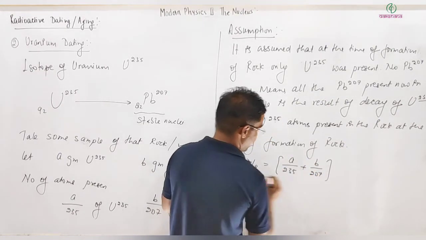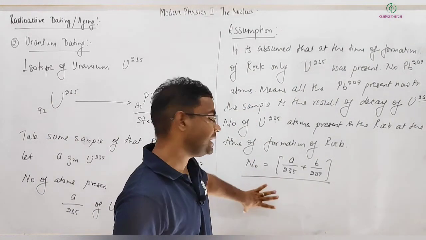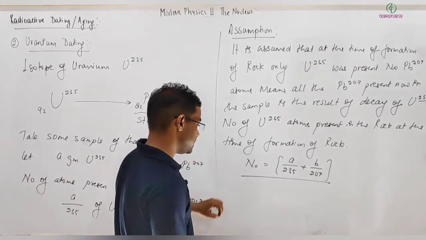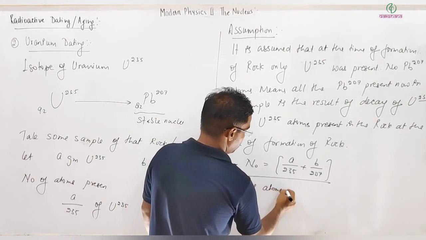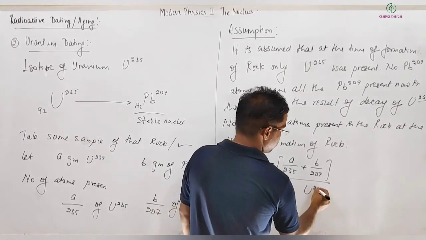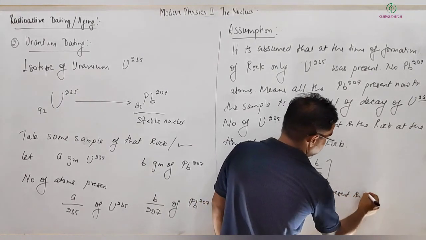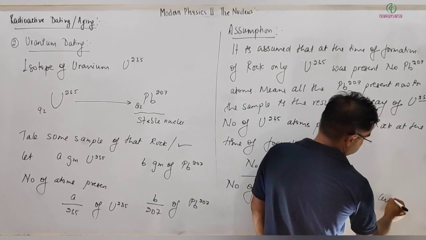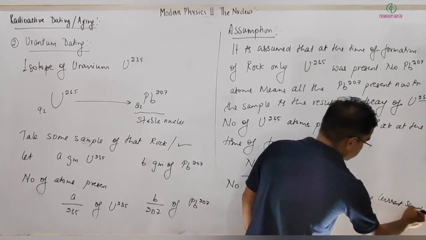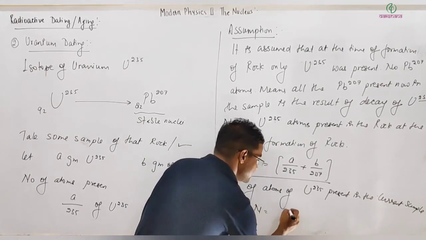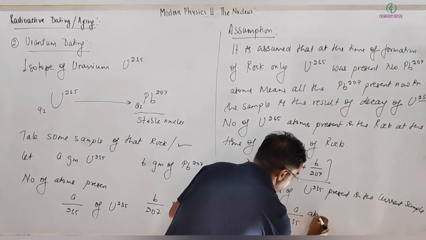So this is the N naught present at the time of formation. How many uranium atoms are present right now? The number of atoms of uranium-235 present in the current sample. Let me write it as N, and that is simply A divided by 235 atoms.